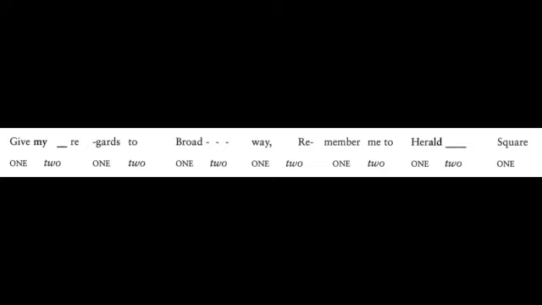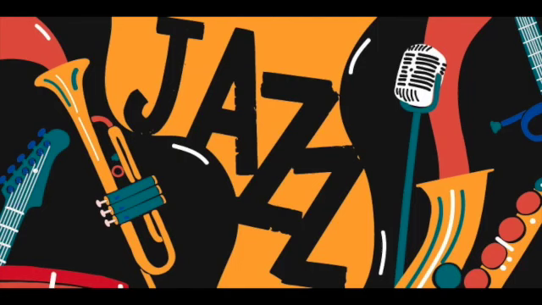Remember me to Herald Square. 1. So there we heard give my and herald. The consistent use of syncopation is the hallmark of African American derived popular music, from jazz to world beat.